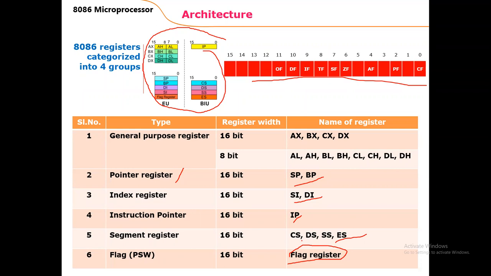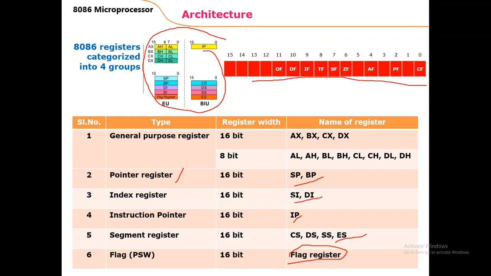Segment register: all our data is needed in segments. Segment means different divisions. The code part is preserved in the code segment. The data part is preserved in the data segment. The stack part is in the stack segment, and all extra values are preserved in the extra segment.